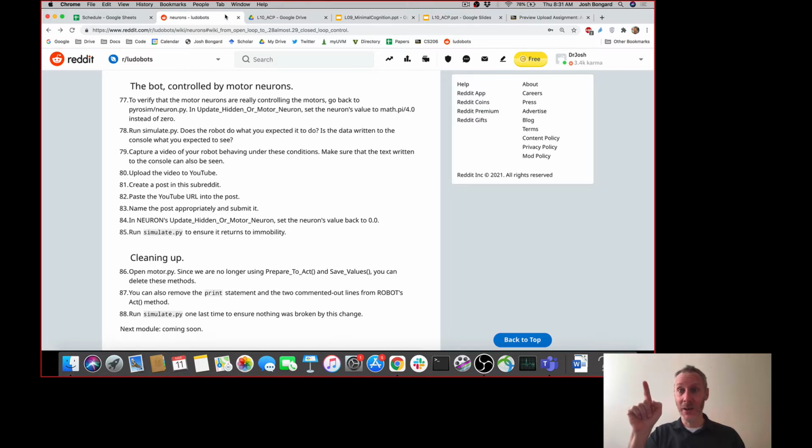The physics engine updates the positions and orientation of links, which causes changes in the touch sensor values, and those changed touch sensor values cause changes in sensor neuron values. But we have a bit of a gap still between sensor neuron and motor neuron values, which you're implementing this week. Next week in assignment 7, as you can probably guess, you're going to be adding in synapses that connect sensor neurons to motor neurons, and you'll now have closed loop control.